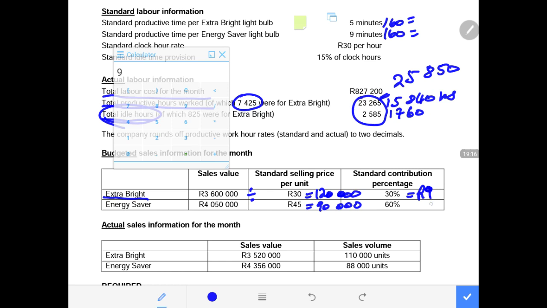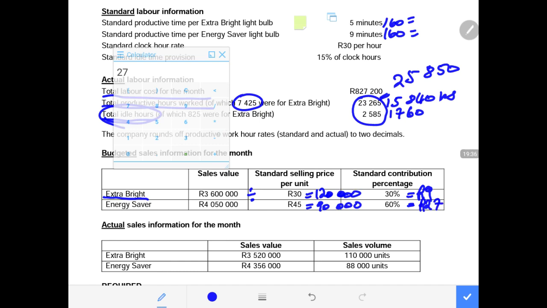And again, we will have to say our selling price of 45 rand, multiply this by 60%, and this gives us 27 rands. That will be our contribution.